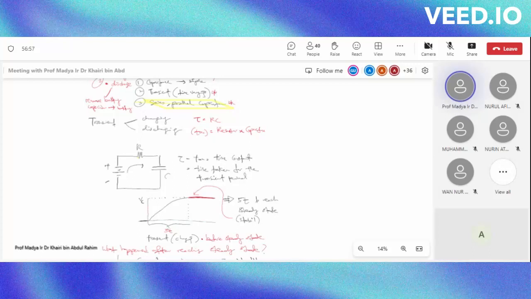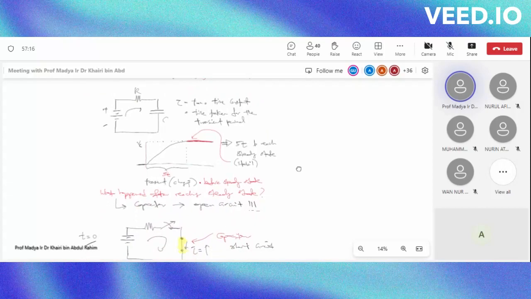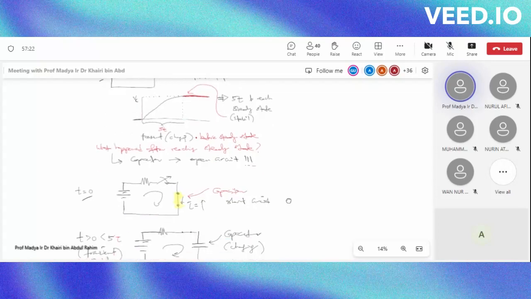Okay, and this is tau, so resistance times capacitance, right? So this is steady state period where normally it's after 5 tau to reach steady state, stable. So this is charging and then it reaches steady state.